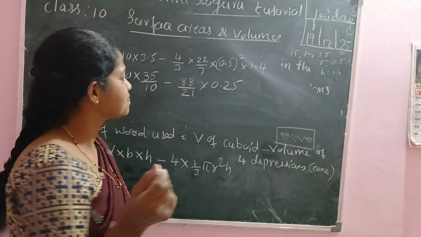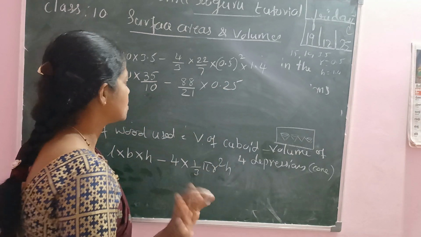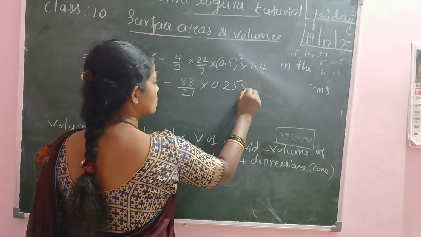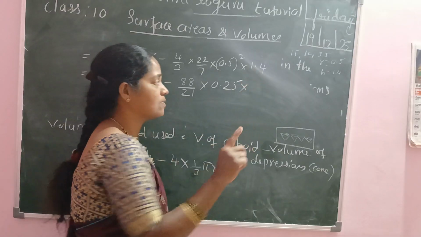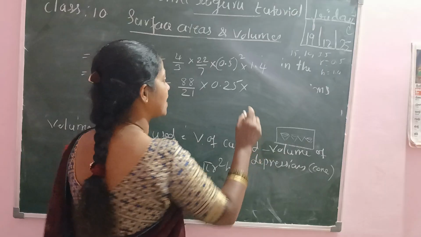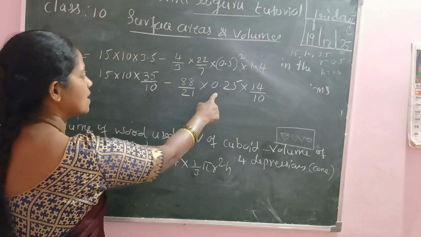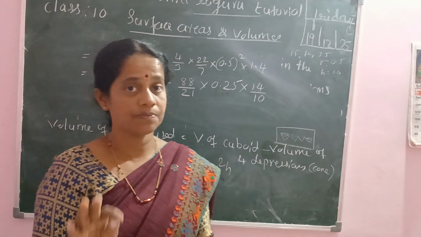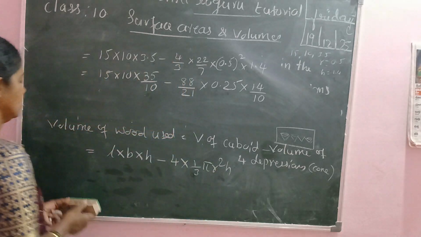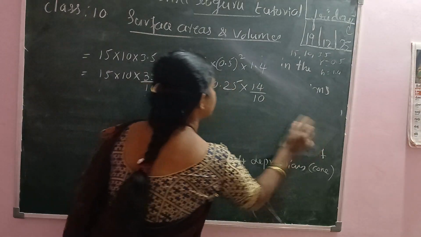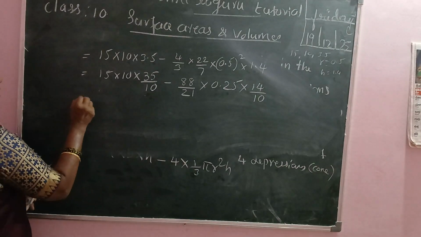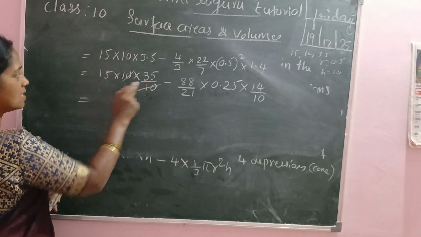Here I will convert 1.4 into fraction form, that is 14 divided by 10. Next I will also convert 0.25 into fraction form. Yes, continue. Then here 10 gets cancelled.